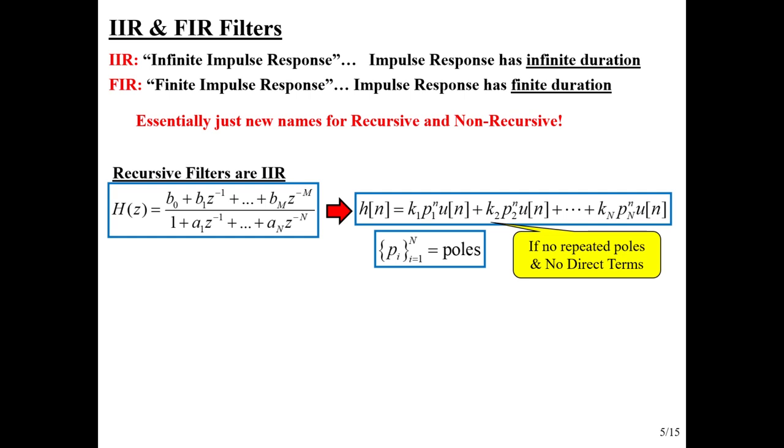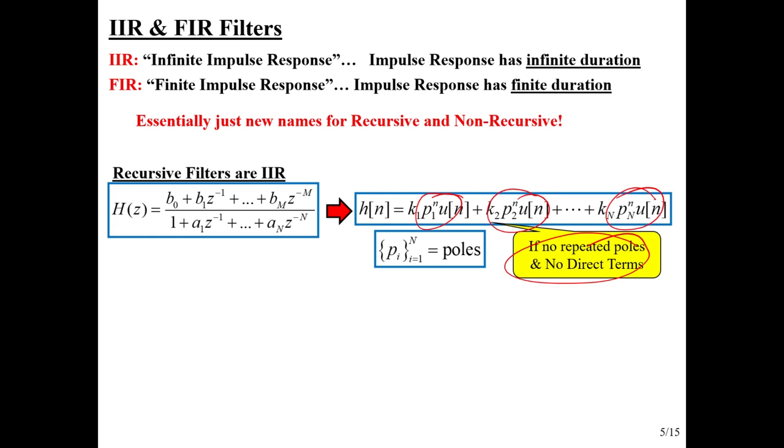But if we were to do that, and here I've just made an assumption just so I can write down a single explicit form, I'm going to assume that there are no repeated poles and that there are no so-called direct terms. Those are things that come out in my signals and systems lecture on this topic. You can go back there and look, but at least for this case, and it will also be true even when this isn't true, we'll see that we get things that will last forever.